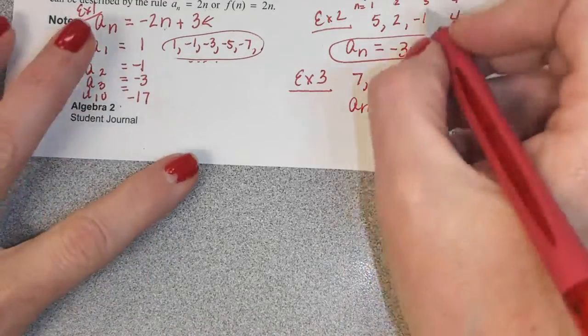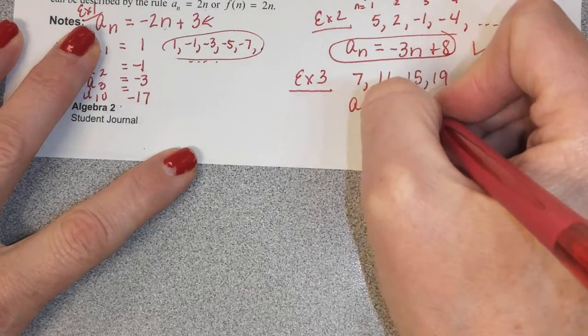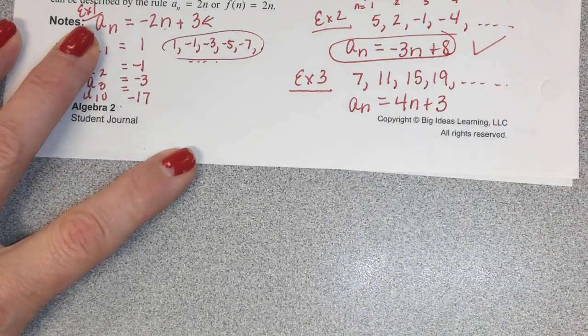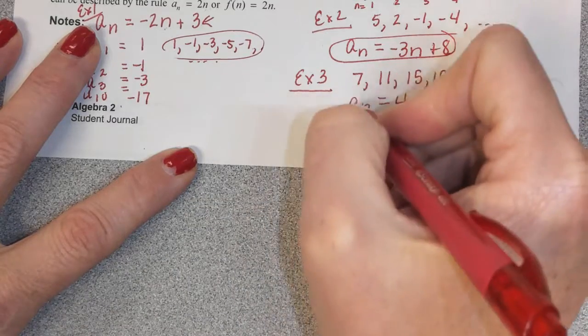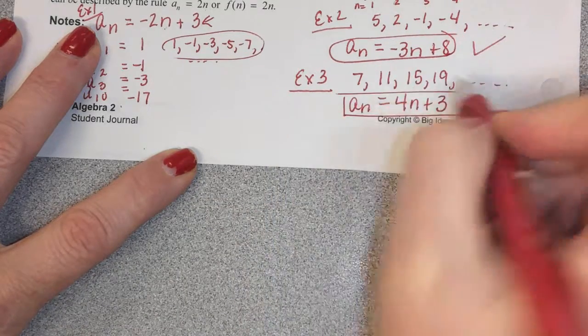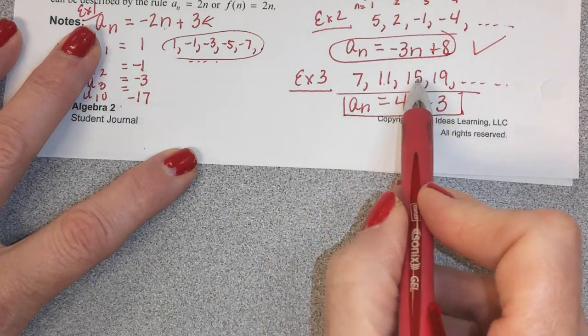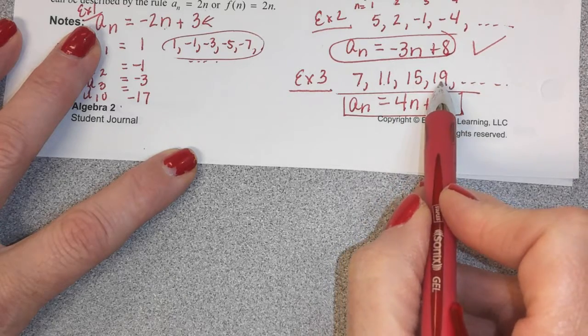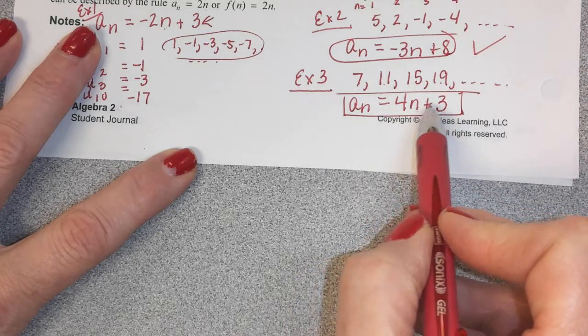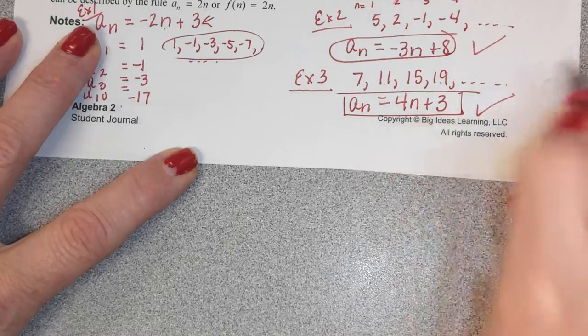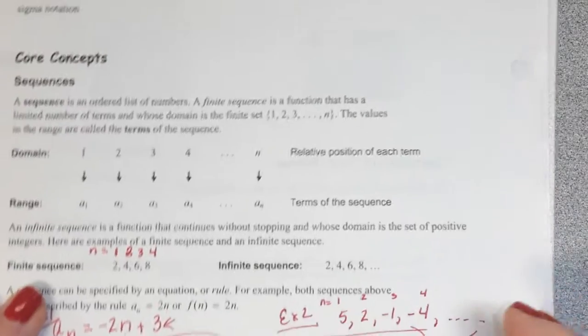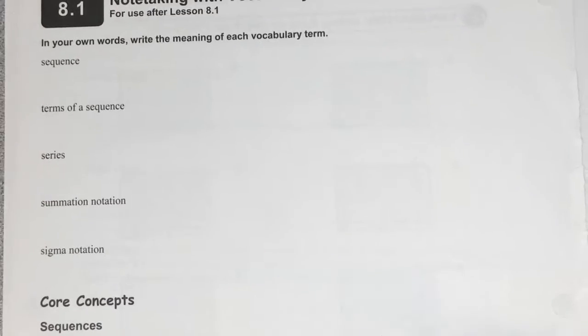Chloe, what'd you get? 4n plus 3. Do we agree? Yep, that works, doesn't it? We would have to check. This is when n is 1, n is 2, n is 3, n is 4. I'm just going to check n is 4. 4 times 4 is 16, plus 3 is 19. Yes, it works. Okay? All right, let's go back up to the top then.